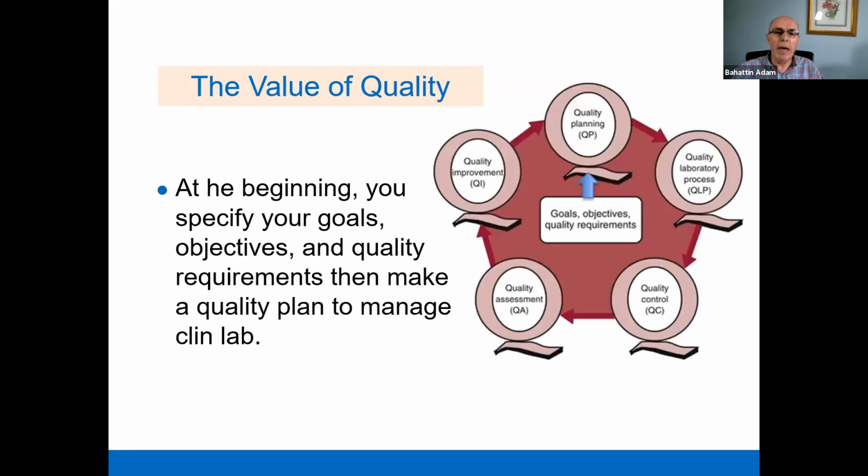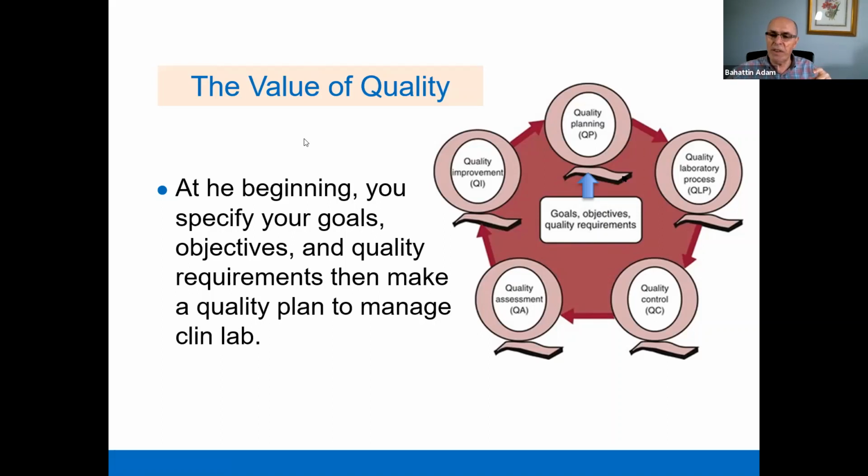Now, at the beginning of the quality control, you specify your goals, objectives, and quality requirements, then make a quality plan to manage a clinical lab. As you see in these diagrams, first you have to specify your goals, objectives, and quality requirements.